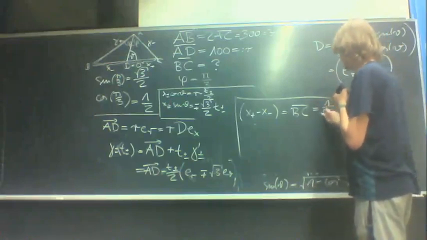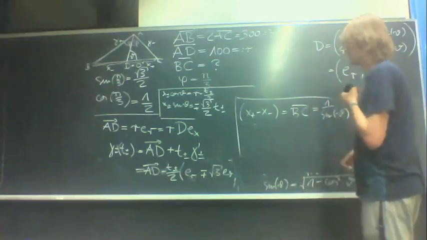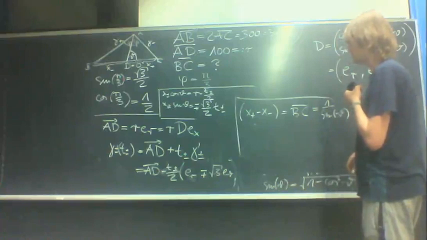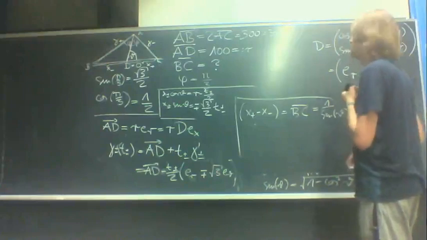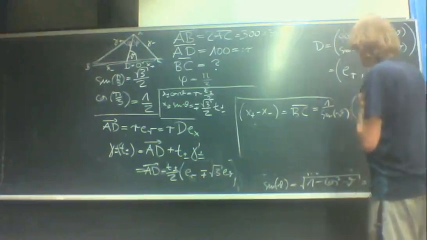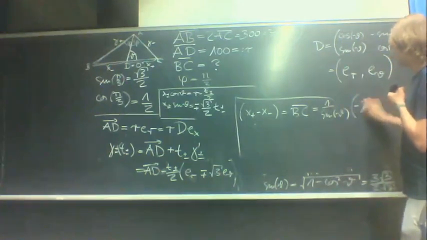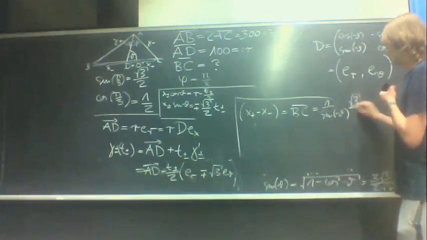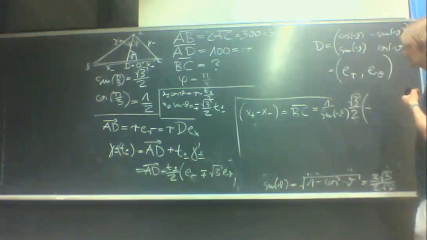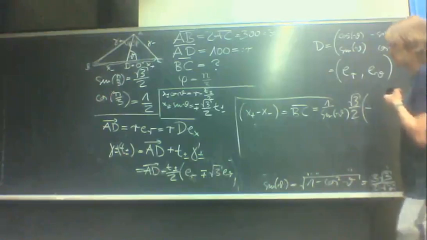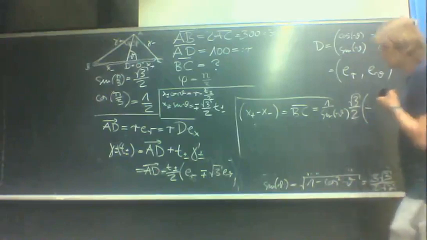of course, 1 over sine of theta, and then x plus minus, let's bring it to the front, square root of 3 over 2 minus, no, I've done something wrong.